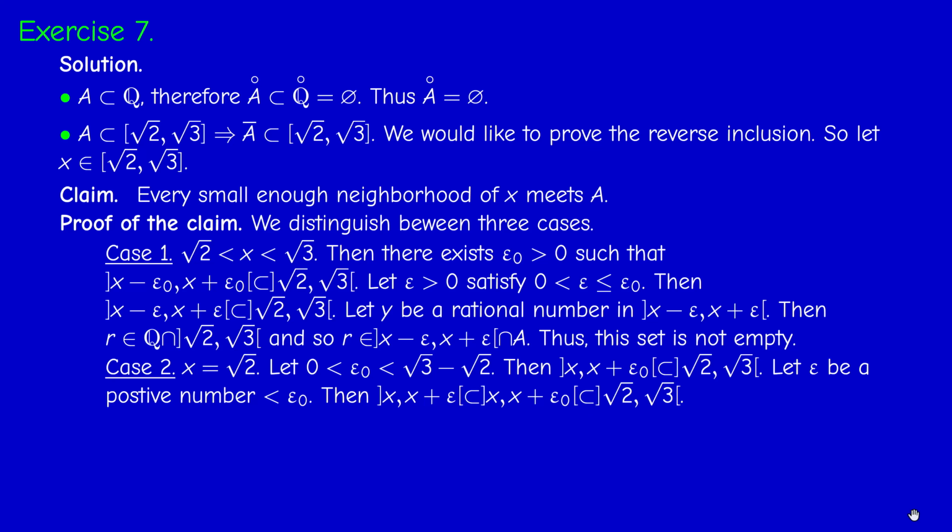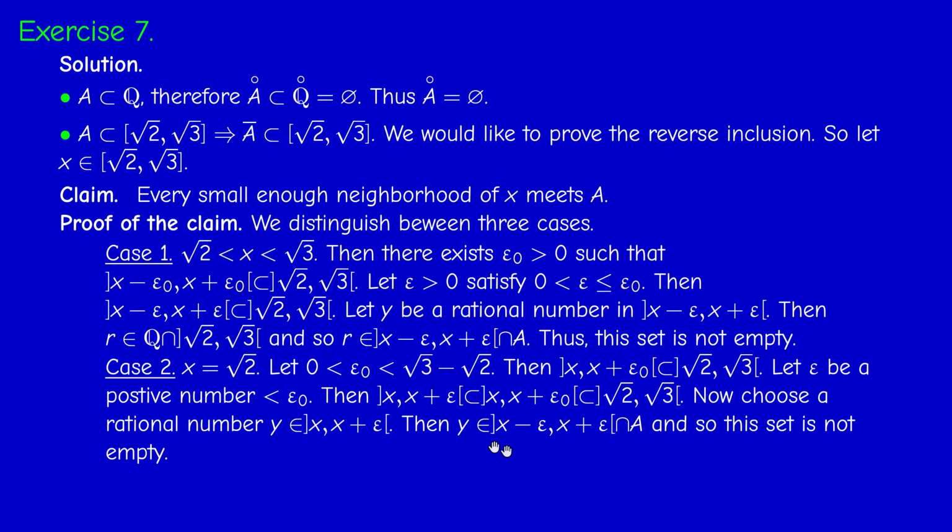And now you guess what I want to do. I just choose a rational number y in this small interval (x, x + ε). Therefore, this y is in particular in (x − ε, x + ε), and it's in A because it's rational and in the interval (√2, √3). And therefore, the intersection is not empty.